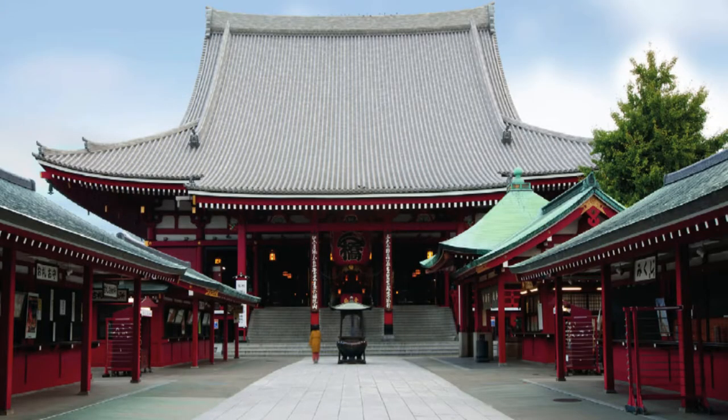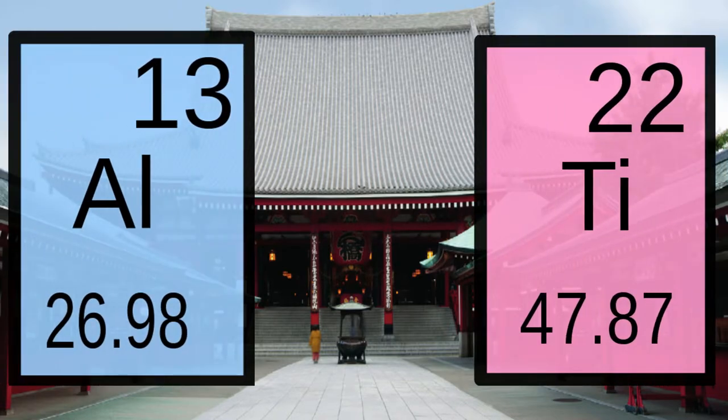Not everything is made of iron. Roofs are made of metals using either aluminium or titanium. This prevents them from rusting. Aluminium and titanium can react with oxygen in the air to make aluminium oxide or titanium oxide.